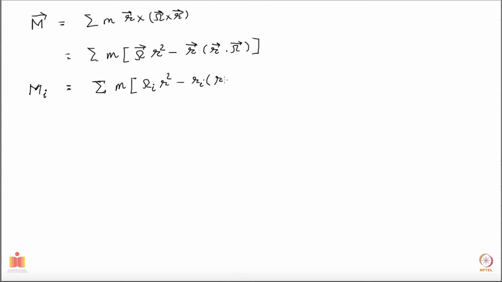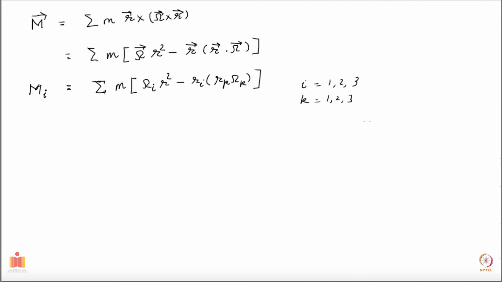This is the only vector quantity, and the r dot omega is a scalar, so there's no problem. I can write this as r_k omega_k. Okay, Einstein summation convention is in force here, so because the k is summed over, it gives you the dot product. I takes values 1, 2 and 3, and the k also takes values 1, 2 and 3. These are xyz components basically. Okay, that's good.